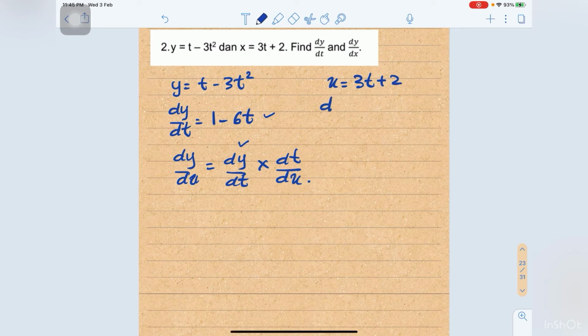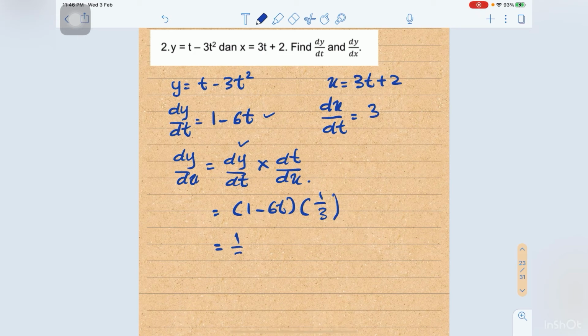Differentiate, we get dx/dt equals 3. So we substitute here. dy/dt is this one, 1 minus 6t. We need dt/dx. We have dx/dt is 3, so dt/dx is 1 over 3.